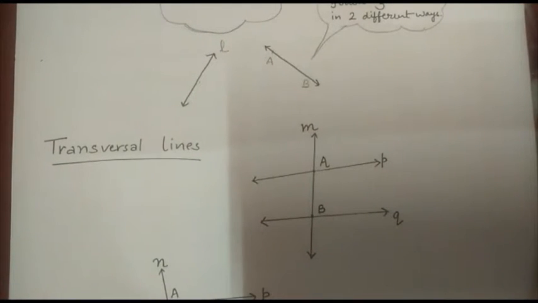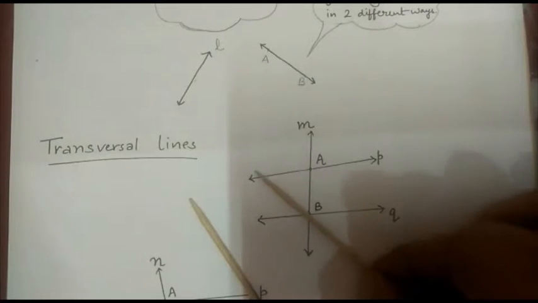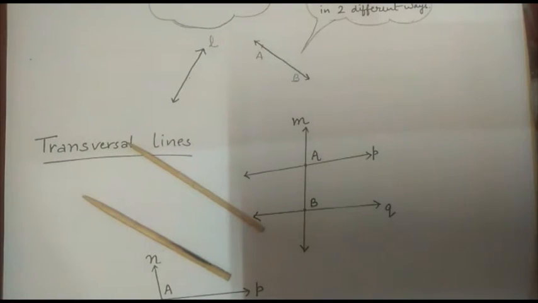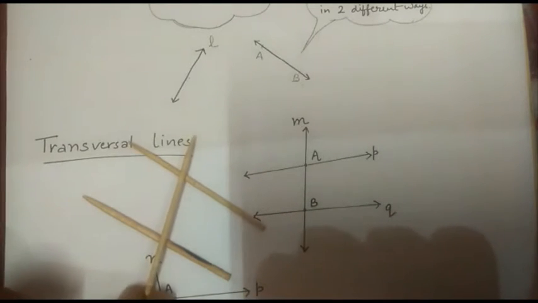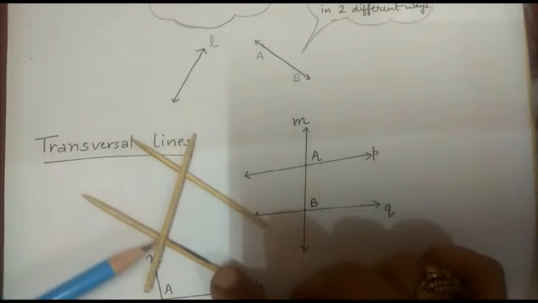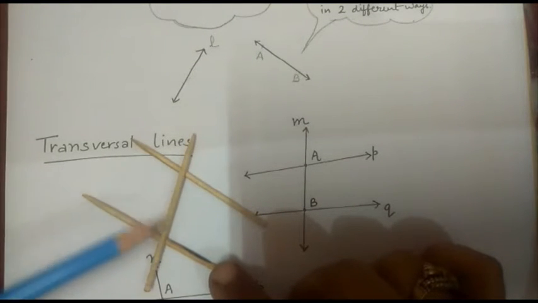See, I am showing you some toothpicks. Suppose these are representing two lines. If one line is placed on this line like this, now this line is intersecting these two lines at two different points.